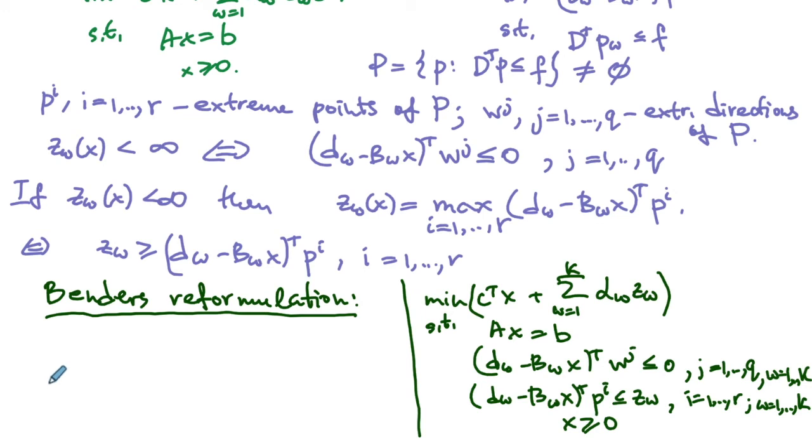The relaxed master problem, RMP. Recall that in Danzig-Wolfe decomposition RMP stood for the restricted master problem, and here we are talking about the relaxed master problem.